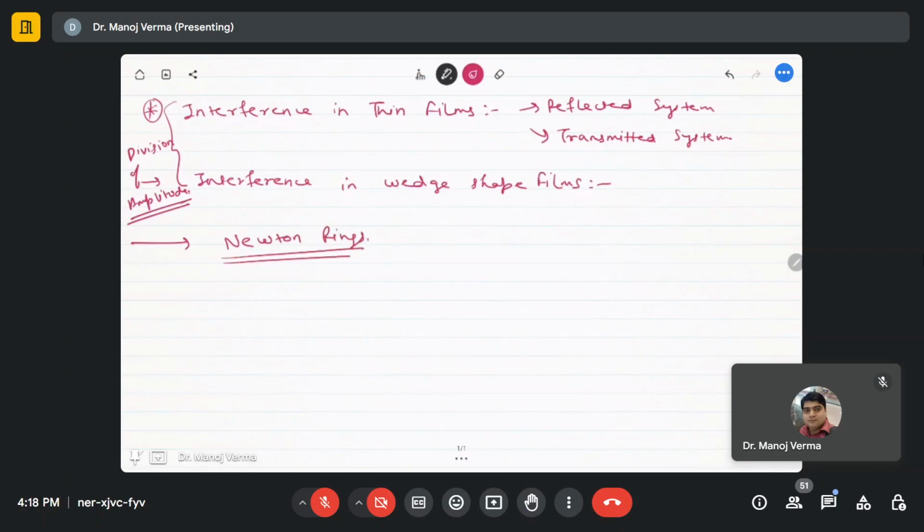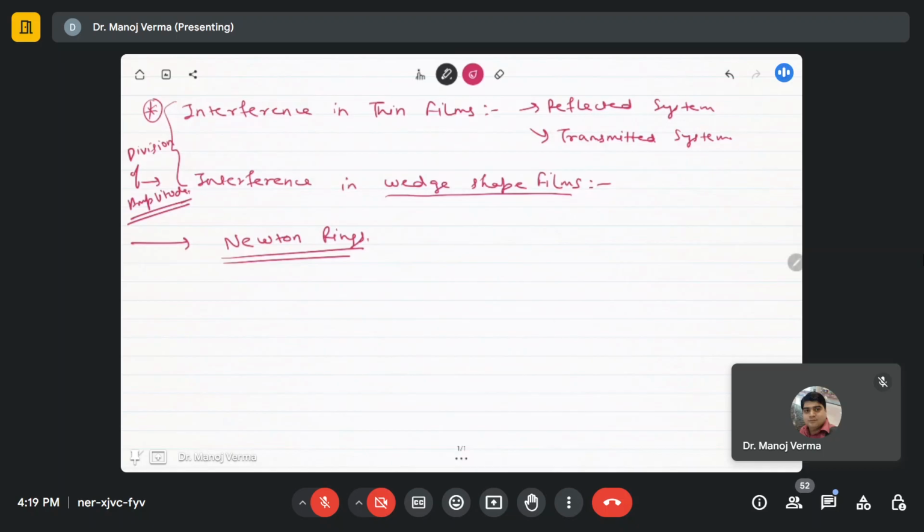This Newton rings is also similar to wedge shaped film interference, and we will see how the interference pattern will be observed in this setup called Newton rings, right?